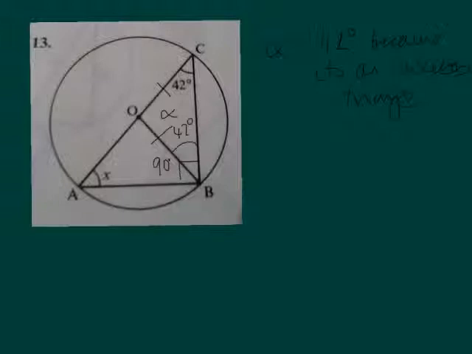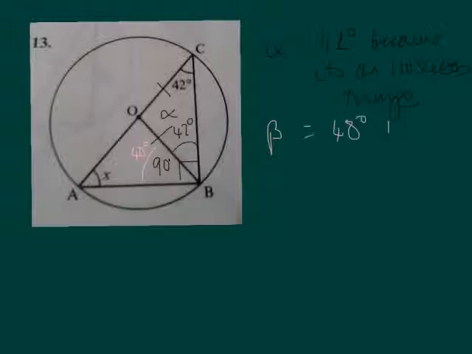I know all that's 90, so I can therefore work out that this must be 48. So 90 subtract the 42 is 48. So I know that this angle here is 48 degrees. So angle beta equals 48 degrees.